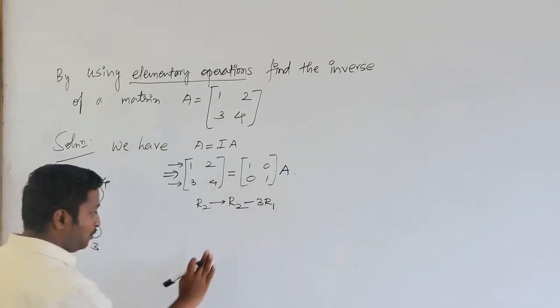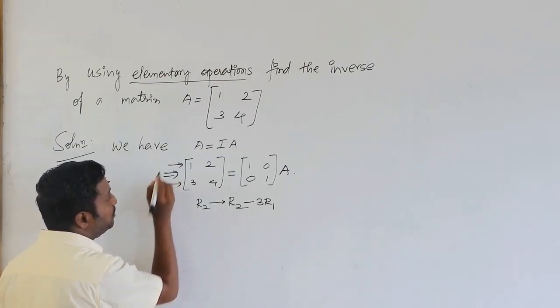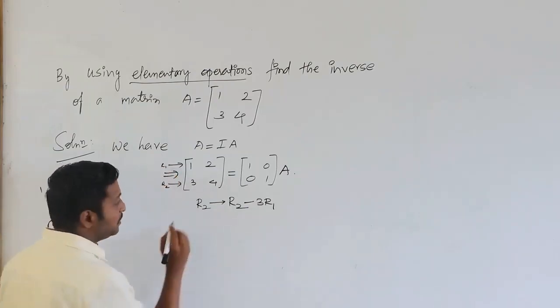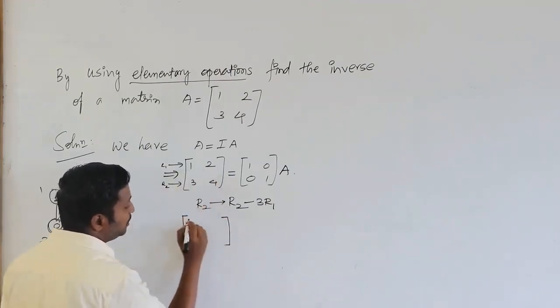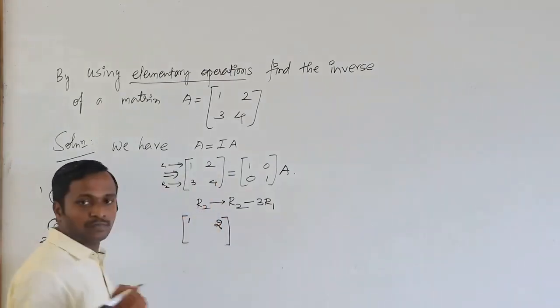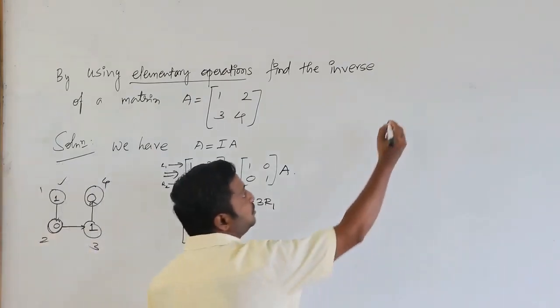Okay, we will come to know that point very clearly. We now come to this point. This is R2, this is R1. R2 changed, R1 not changed. R2 is changed with what operation?